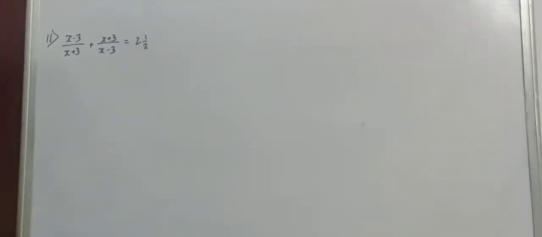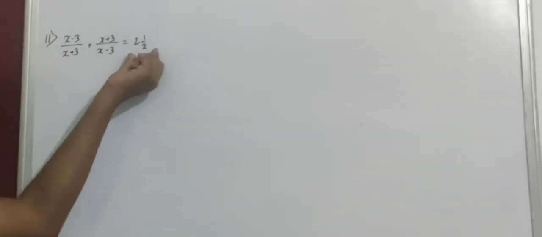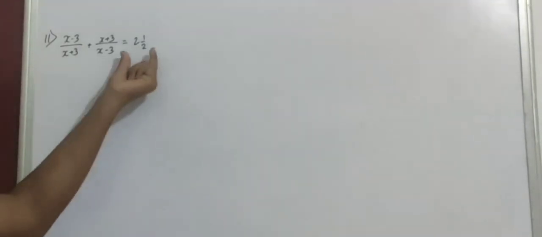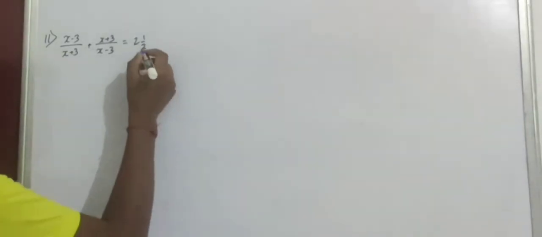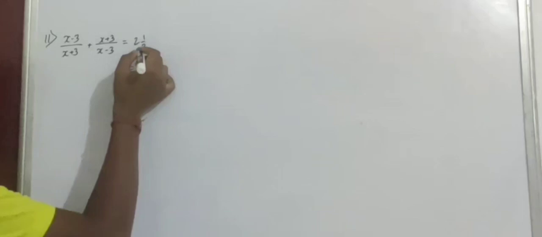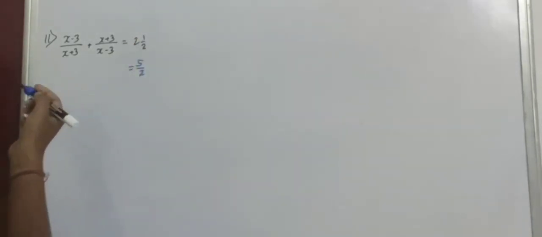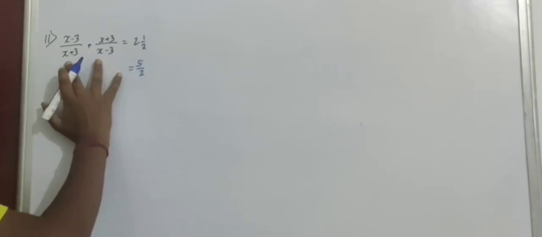Number 11, here these are the two terms in addition, and this is equal to 2 whole 1 by 2. So this can be written as 5 by 2. 2 into 2 is 4, plus 1, 5 by 2. Now we have to take the LCM of these two terms.